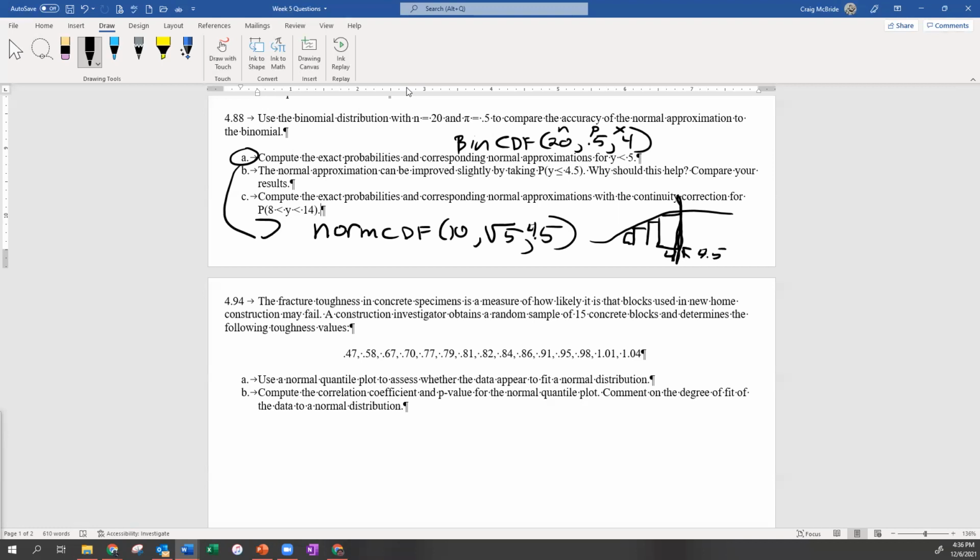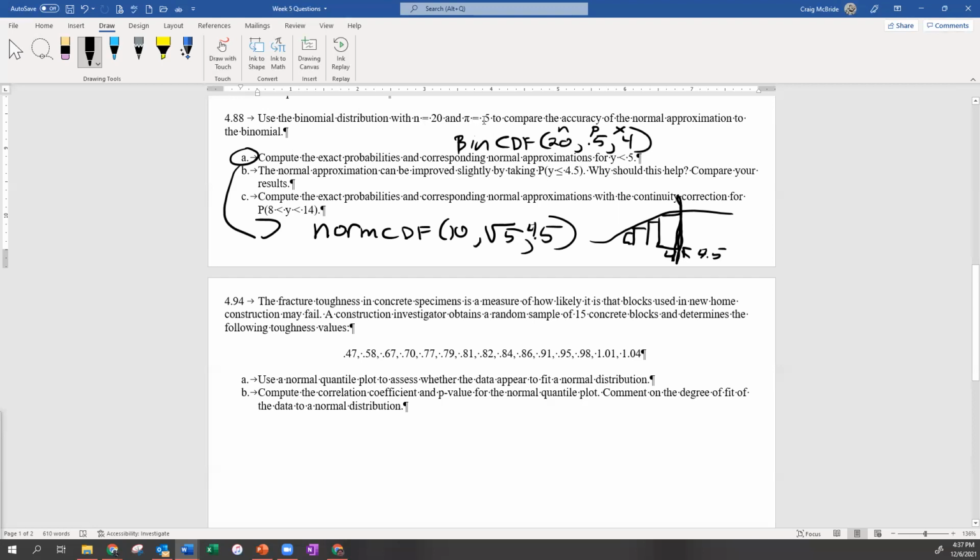The reason why it's not great is because we can only approximate the binomial with the normal curve if n times p and n times q are both 10 or above. Well, if our p is 0.5, that means q is also 0.5, because q is always 1 minus p.